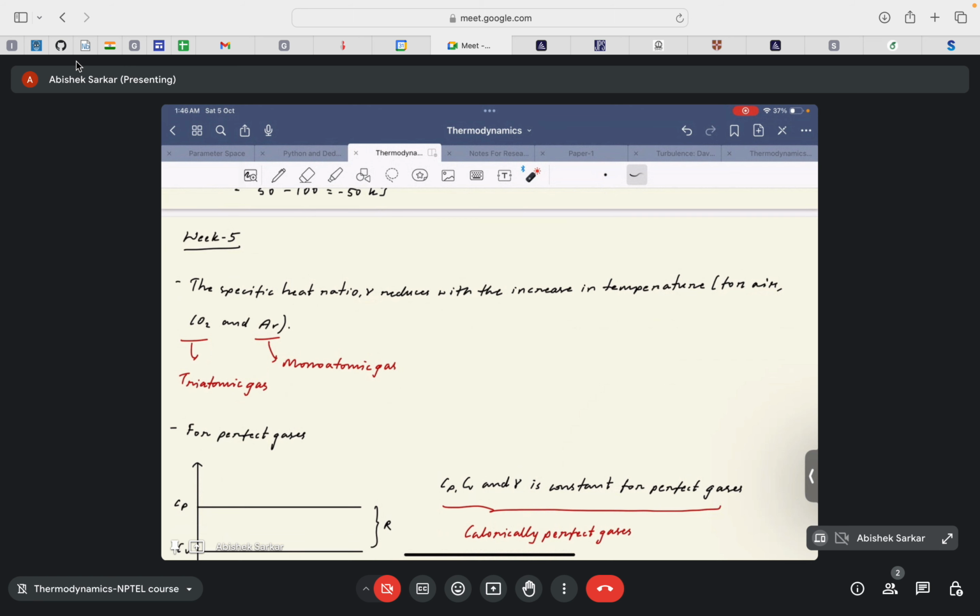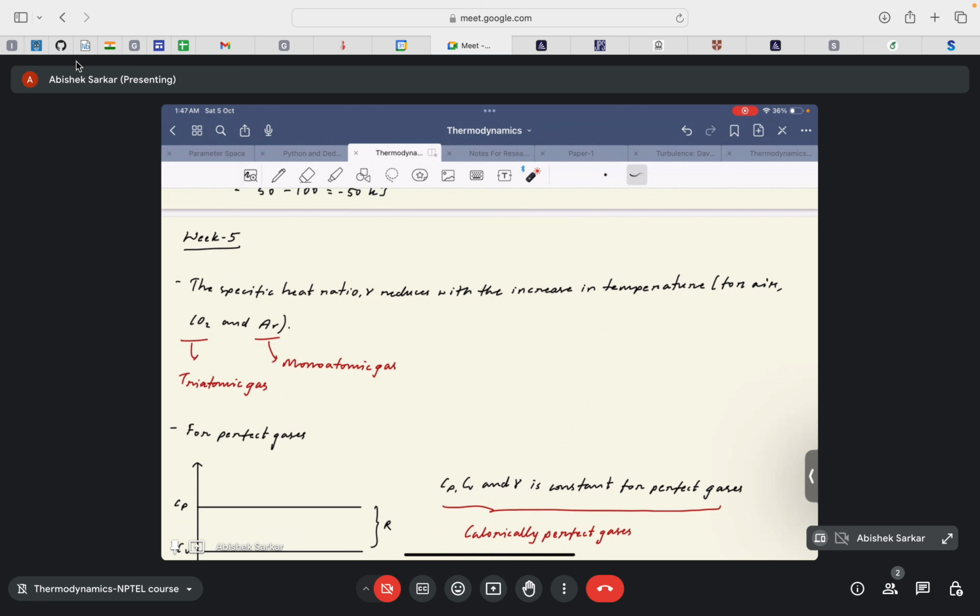But to make our thermodynamic analysis much simpler, because air is a type of fluid that has vast application, used as a thermodynamic fluid in our day-to-day life applications as well as equipment, in order to save us the tedious task of analyzing air as a mixture of gases rather than as an ideal gas, we consider air to simply be an ideal gas, and we consider it to follow the ideal gas law.